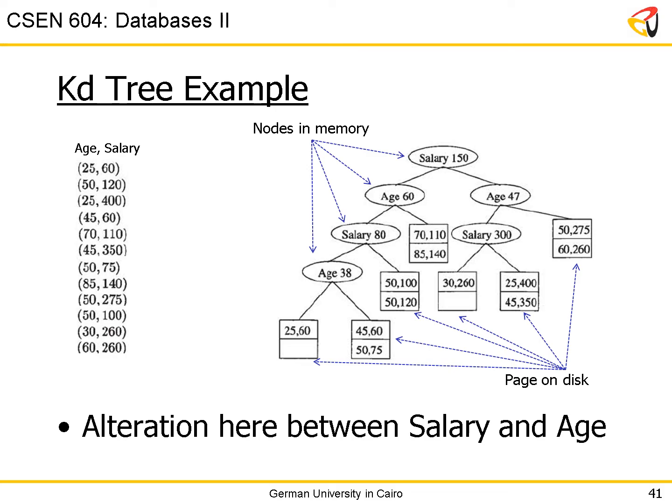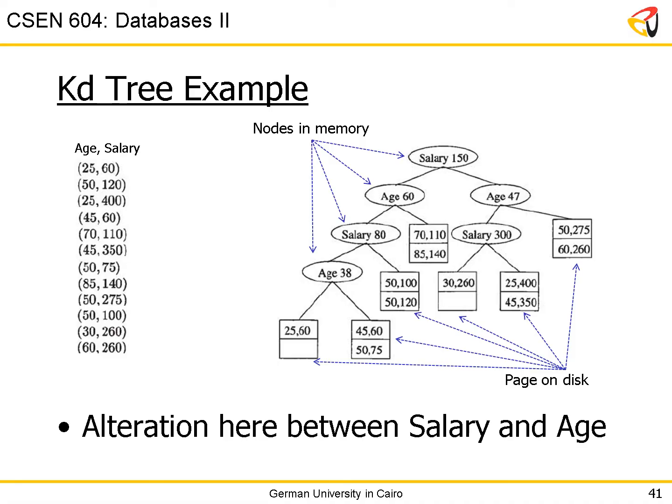If I go left starting from the root, that is salary 150, left means less than 150. And if I go left of age 60, the age is less than 60. So now I'm standing at age less than 60 and salary less than 150. So we are applying the binary search tree invariant, but we're applying it one level at a time.